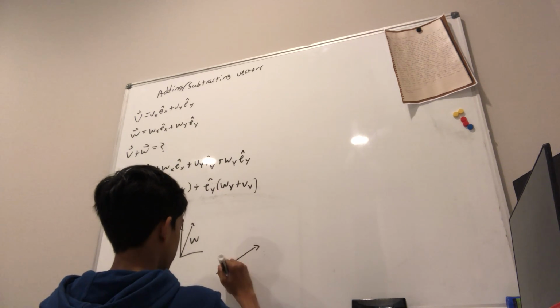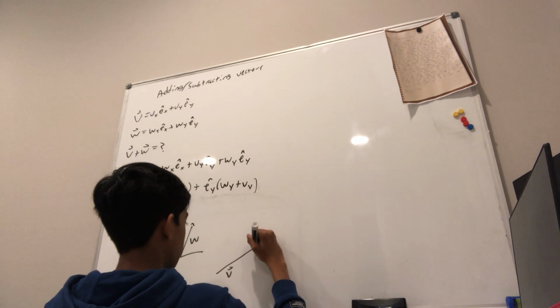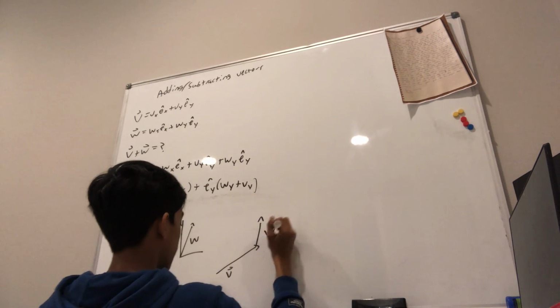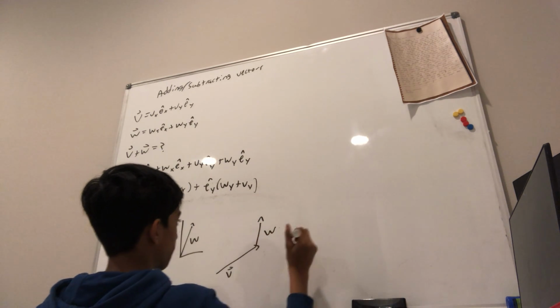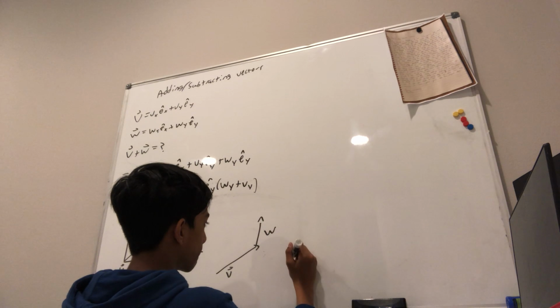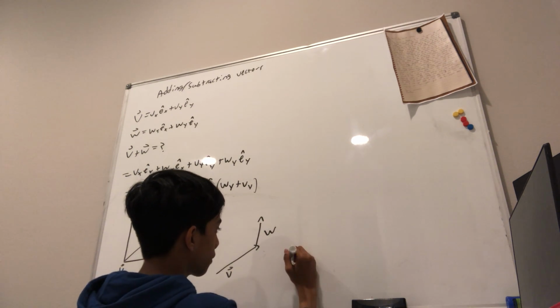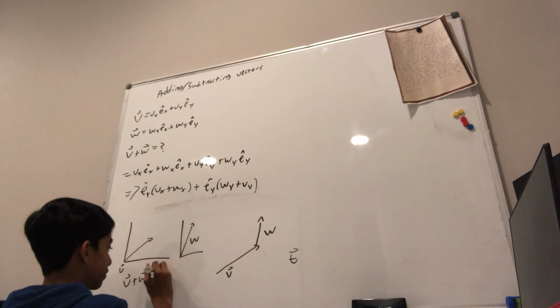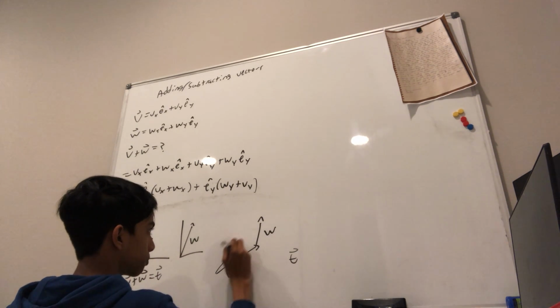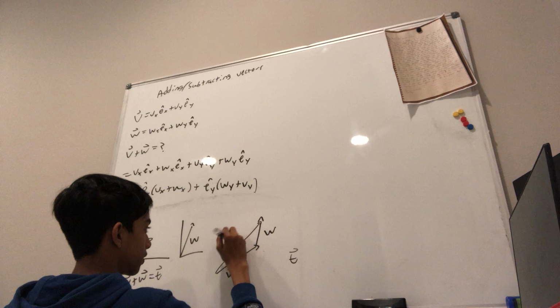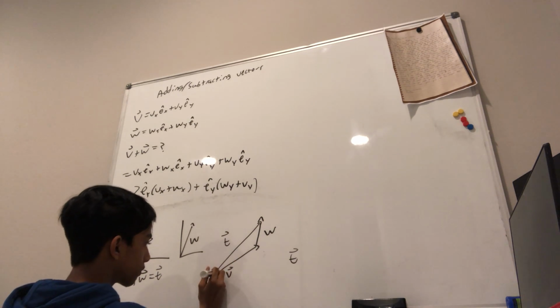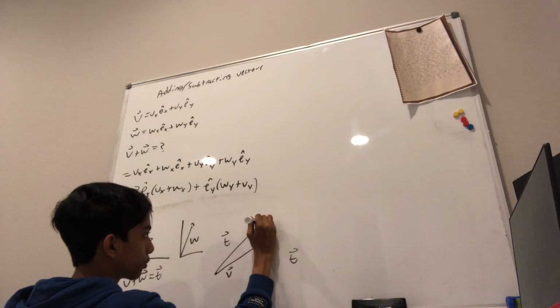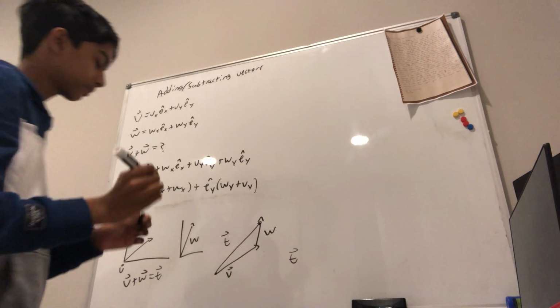So like this is vector v, and this would be another vector, let's say vector t. It would just be equal to vector t. So the base of this is the same, and the end point of the other vector is the same.